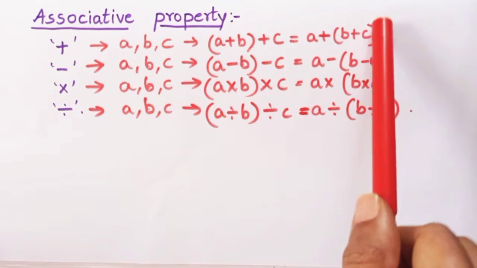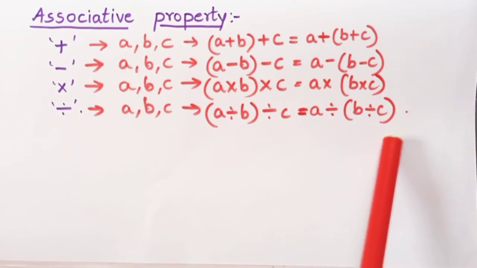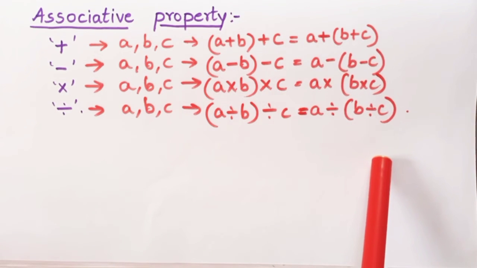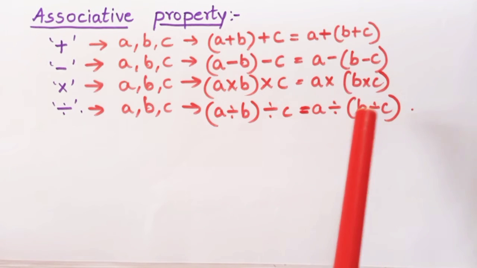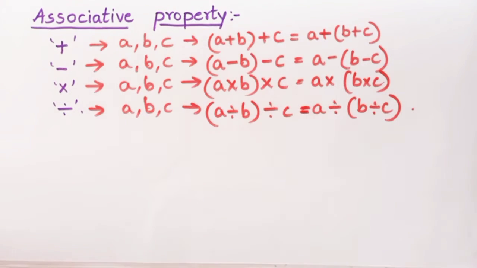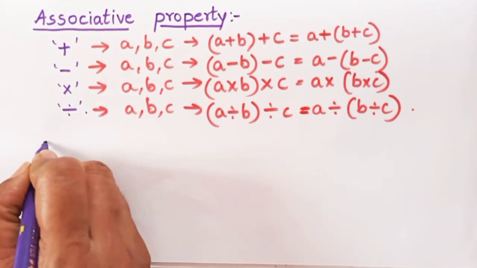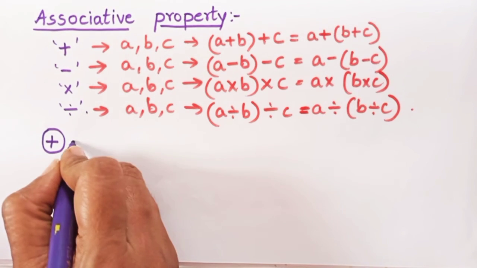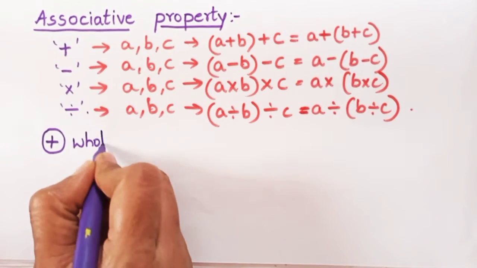Understood? So these are the things we need to check now, taking various numbers so that we can verify our associative property. Now let us get started firstly with addition, taking whole numbers as usual.